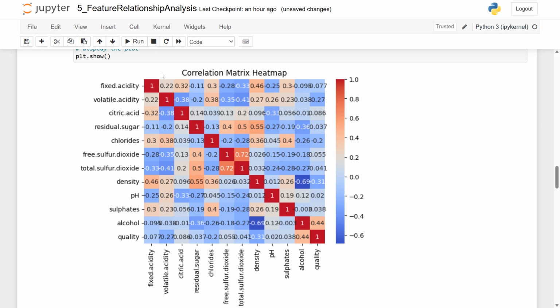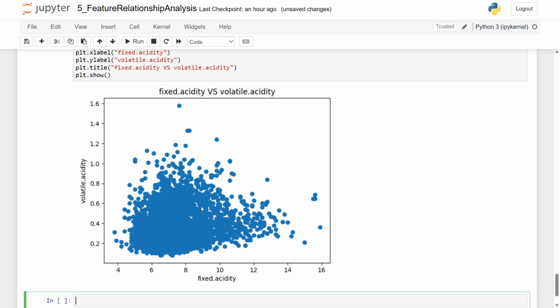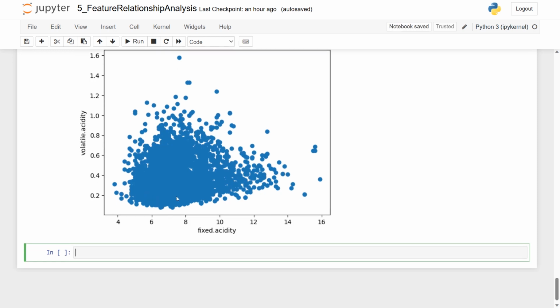Obviously this is positive, and you can see that here. I can clearly see the positive correlation, but how strong it is, it's not that strong. The strength is very low, it's 0.2.